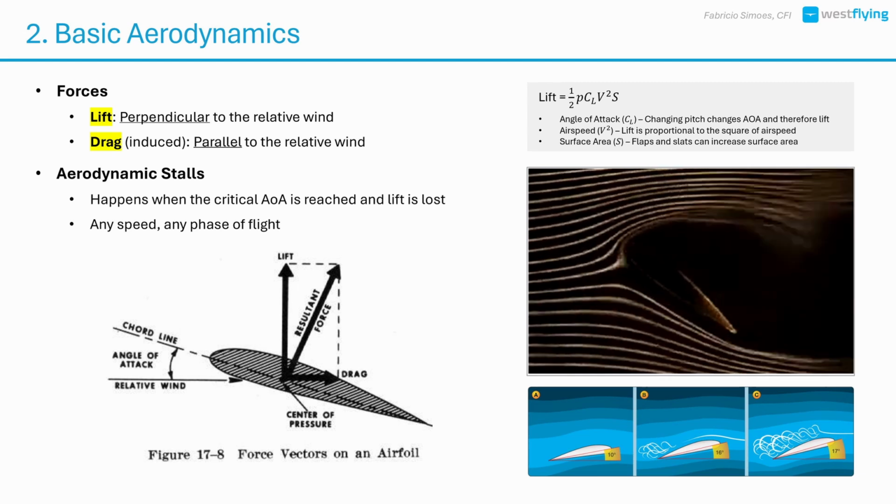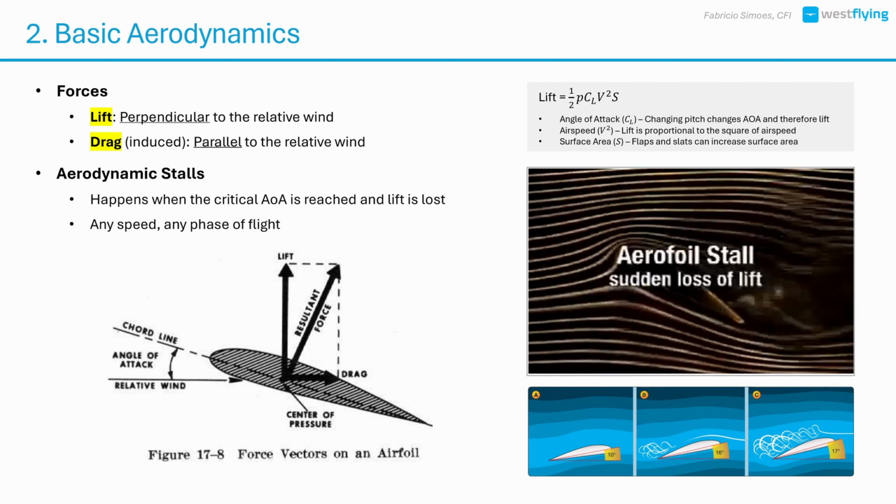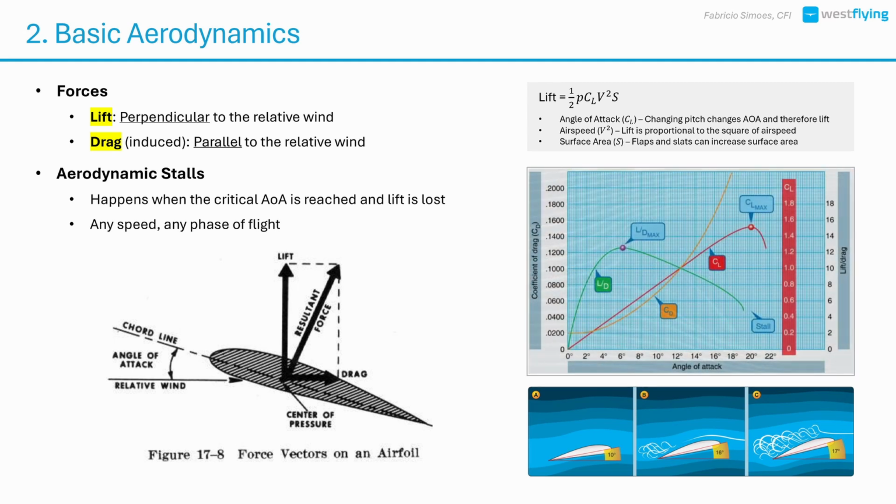It can happen while climbing, while descending, in cruise flight, etc. Whenever the critical angle of attack is reached, the wing will stall. Some aircraft have indicators for angle of attack, but since most don't, manufacturers publish stall speeds, which is just a way to indicate, from test flight, what airspeed the aircraft reaches the critical angle of attack in wings level flight.